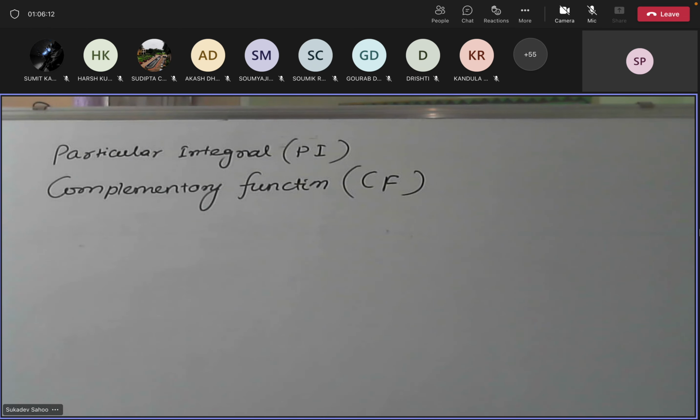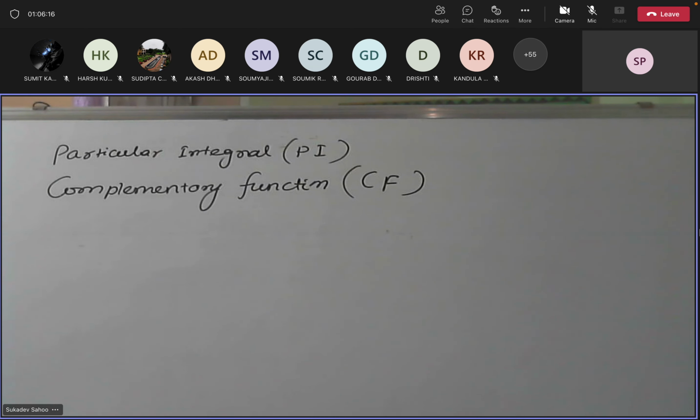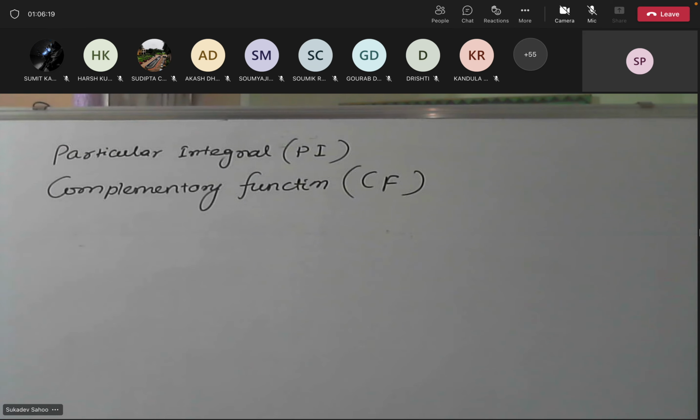So the complementary function contains two arbitrary constants which are determined by initial conditions.